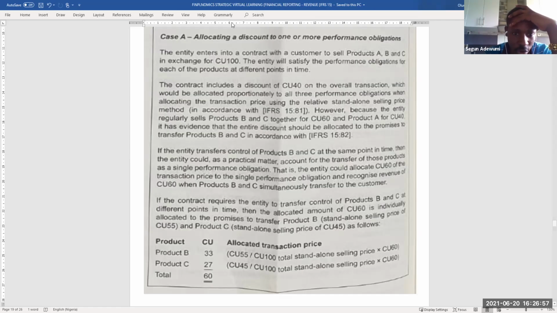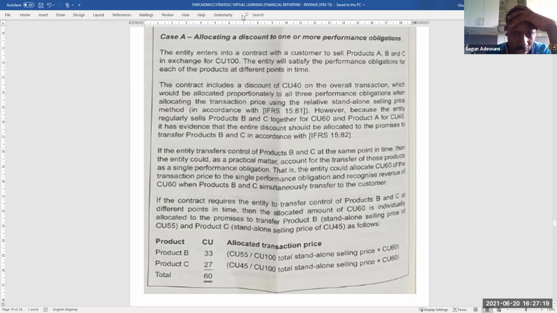If the contract requires the entity to transfer control of product B and C at different points in time, then the allocated amount of 60 CU is individually allocated to the promise to transfer product B, standalone selling price of 55 CU, and product C, with standalone selling price of 45 CU, as follows.